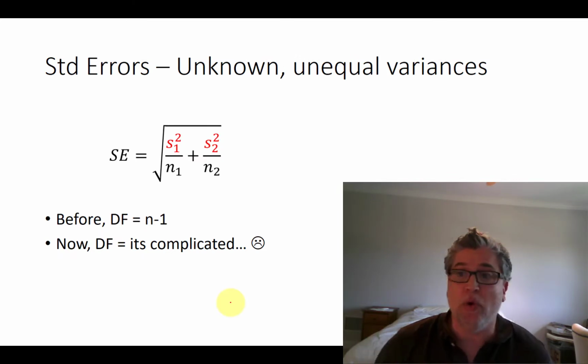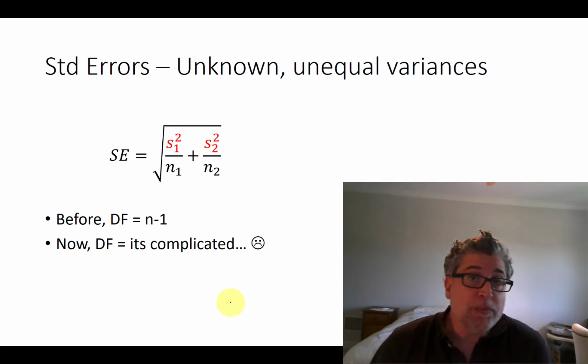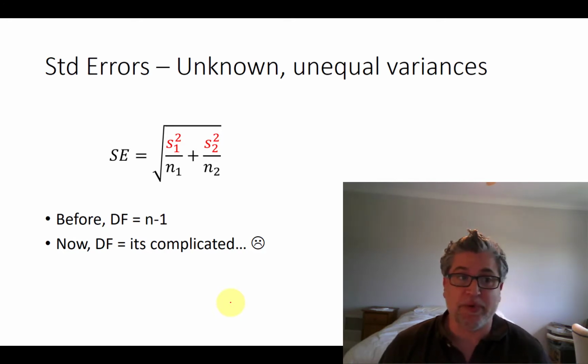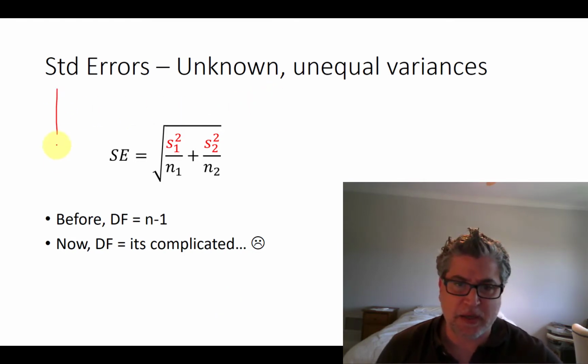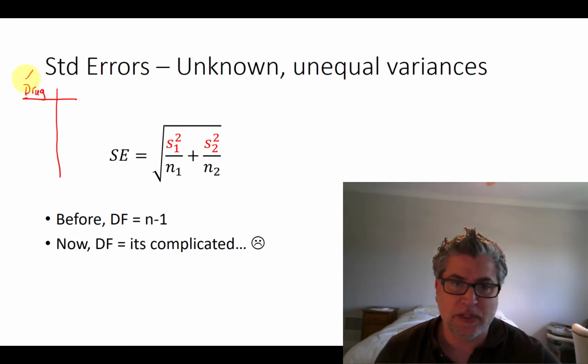Maybe we don't know what those parent standard deviations are. We believe they're not equal to each other between the two groups, and we have to estimate them using data. Well, that's not a big deal. You've got your data set. You've got, let's say, the drug. Let's call that x1, and the placebo, that's x2.